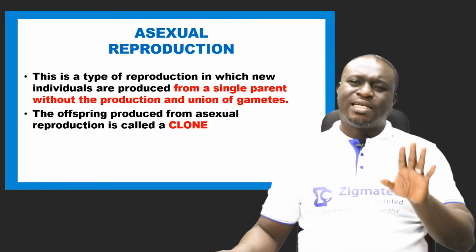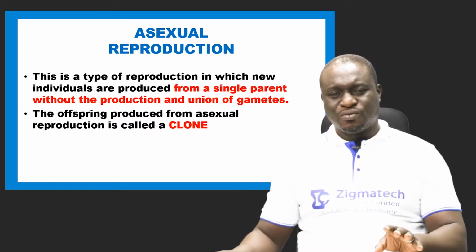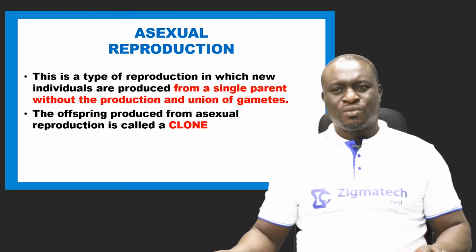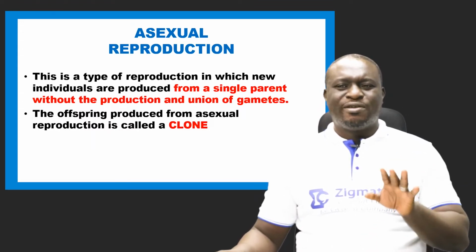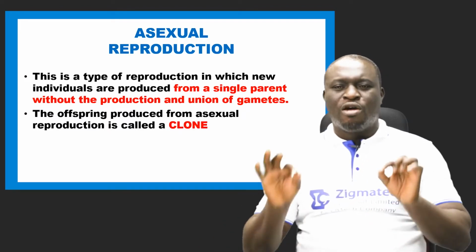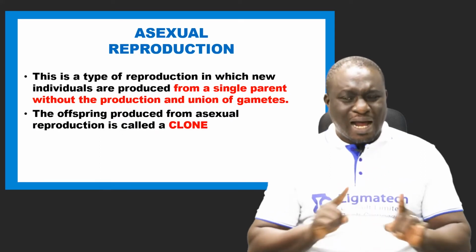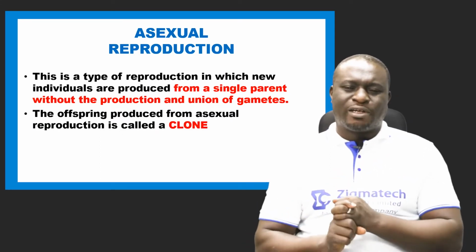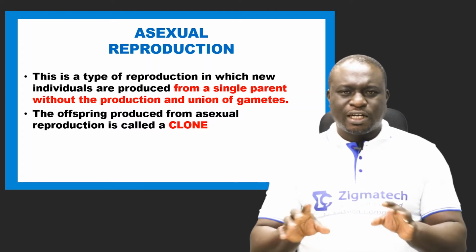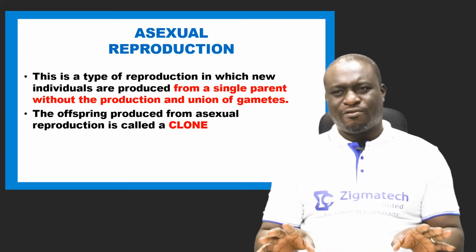What is asexual reproduction? By definition, asexual reproduction is a type of reproduction in which new individuals are produced from a single parent without the production and union of gametes. Please take note of the keywords in this definition.